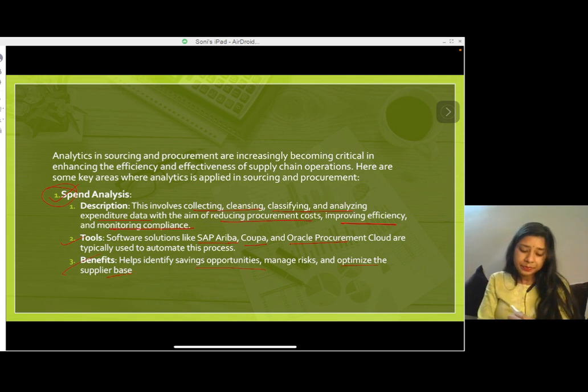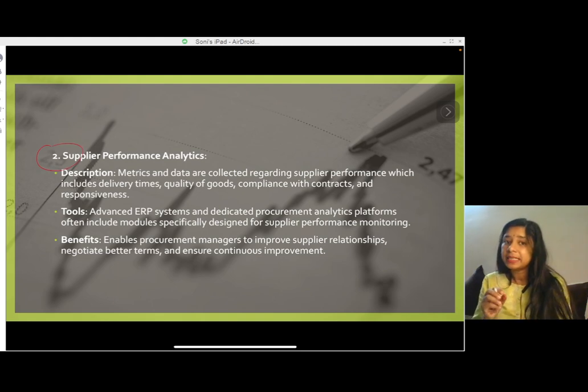The next is supplier performance analytics. We have already discussed that the supplier is one of the important pillars of our supply chain. So we need to be very specific in accepting a supplier.